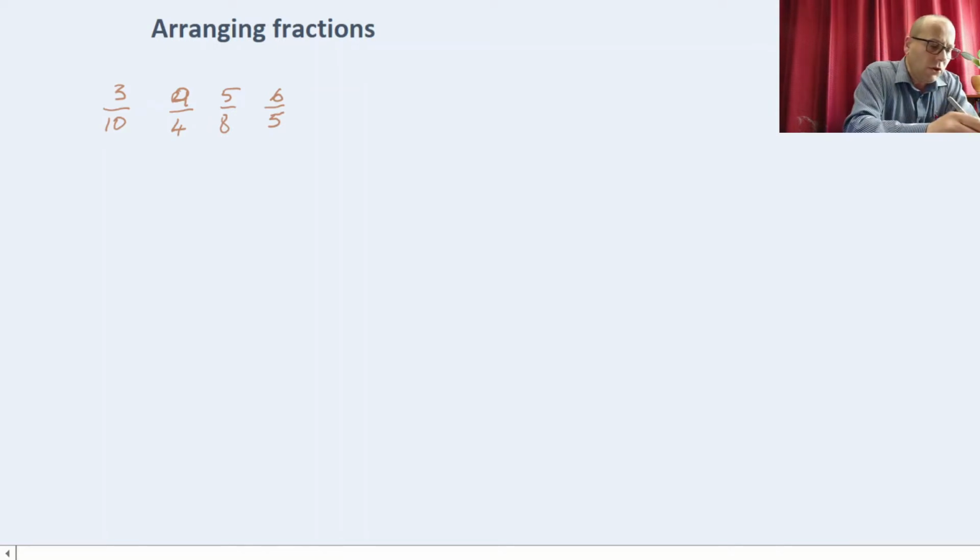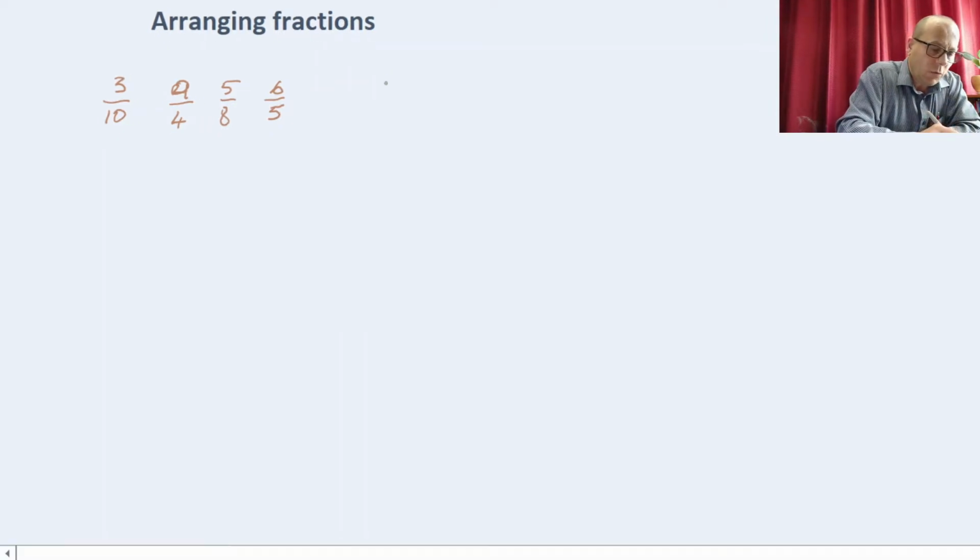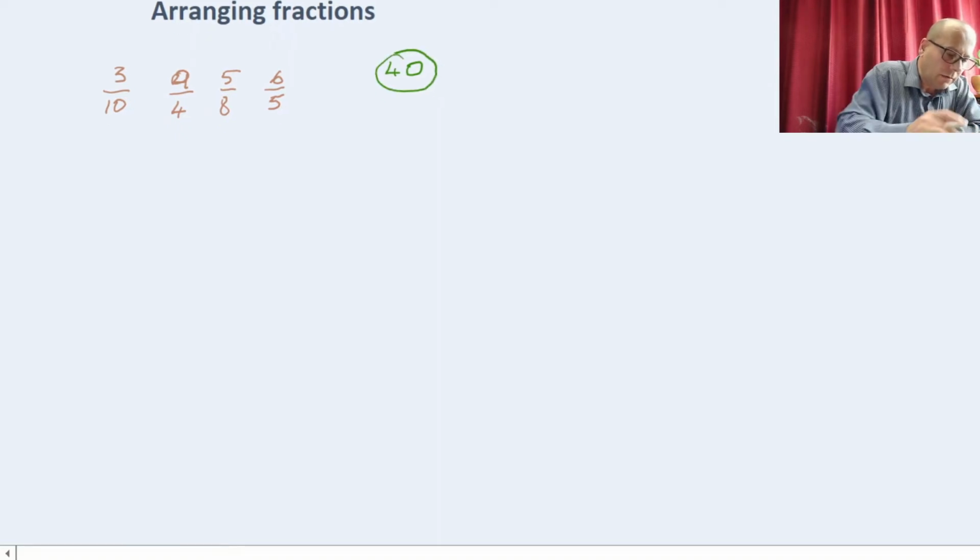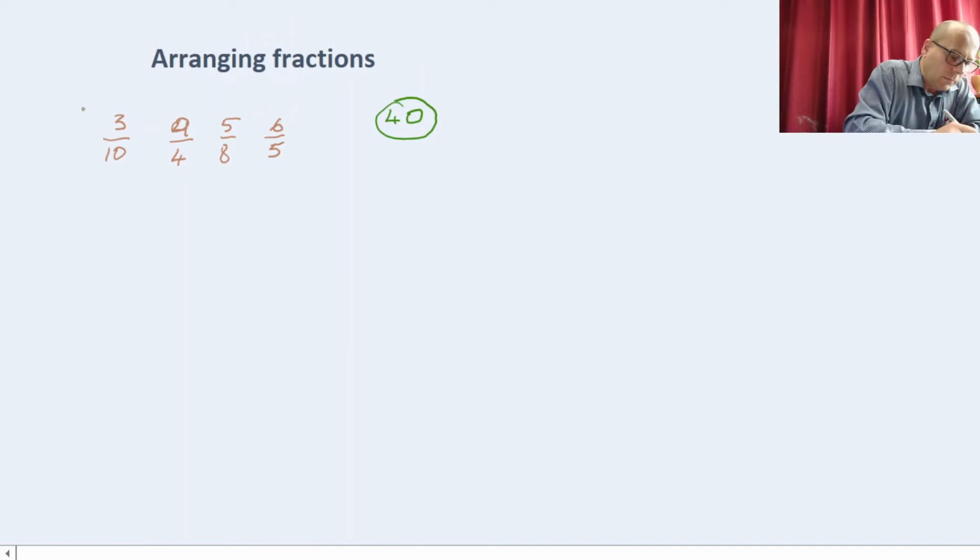If we see the common denominator there, it's 40. So therefore, I multiply the first fraction by 4, multiply that by 10, multiply that by 5, multiply that by 8, so we can have the same common denominator.